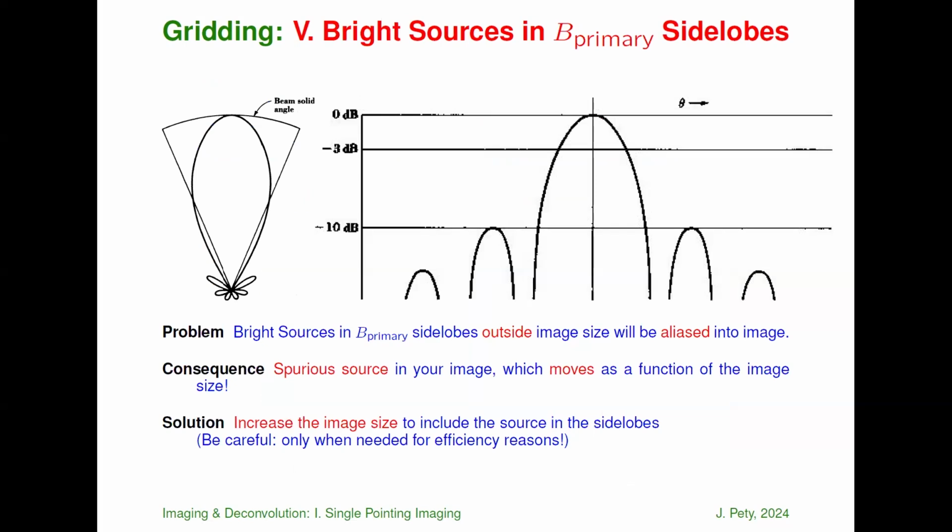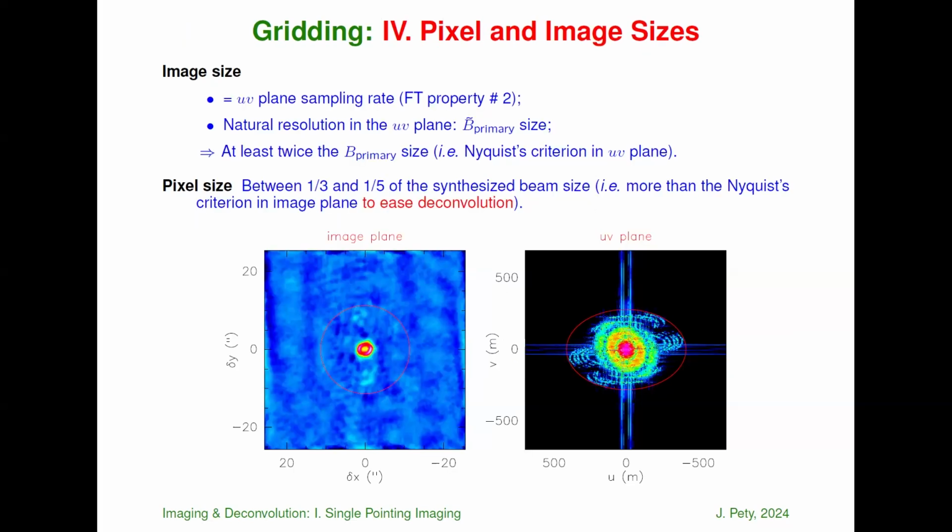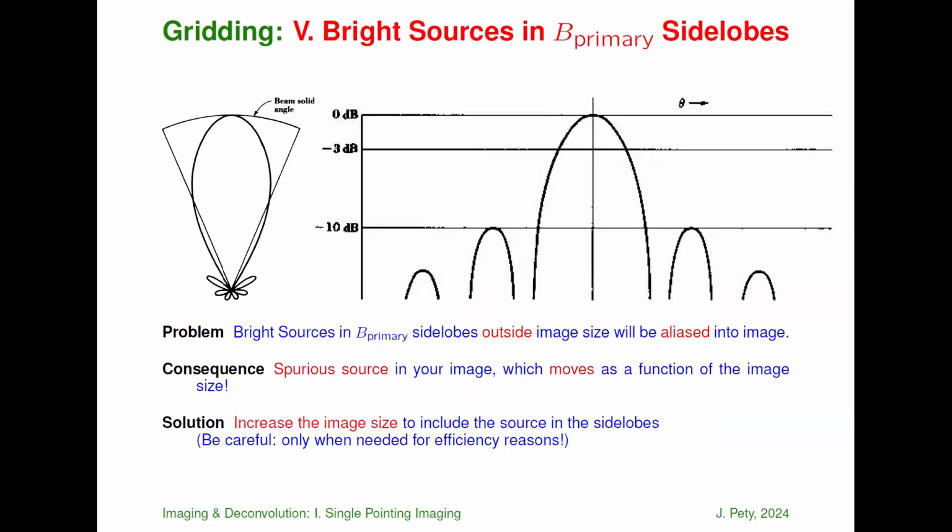Okay, I've just told you that for the image size, we should do twice the full width at half maximum of the primary beam. But that's only an approximation. This assumes that the primary beam is an actual Gaussian. So here it's an actual primary beam.